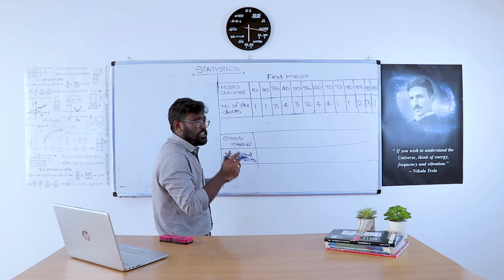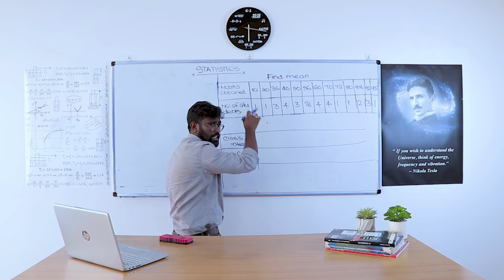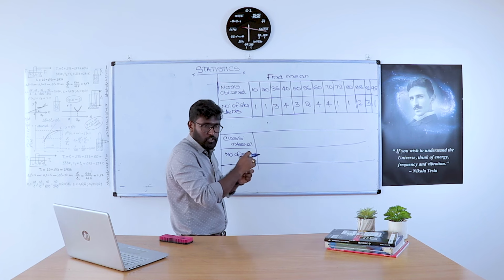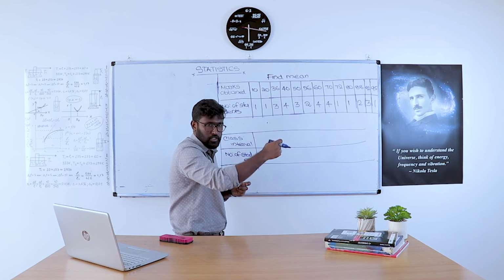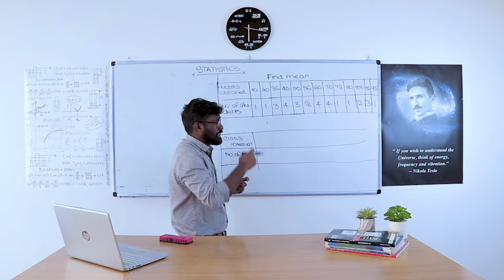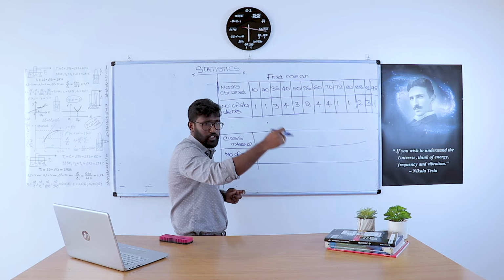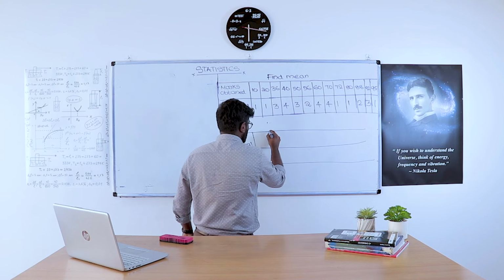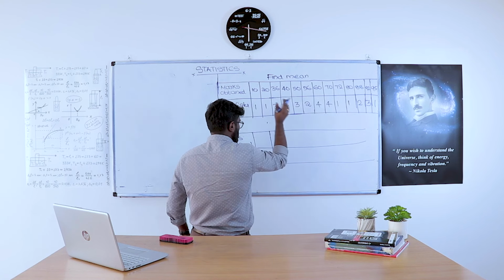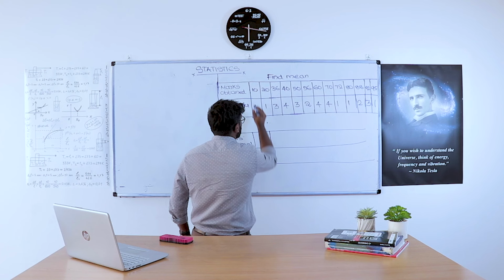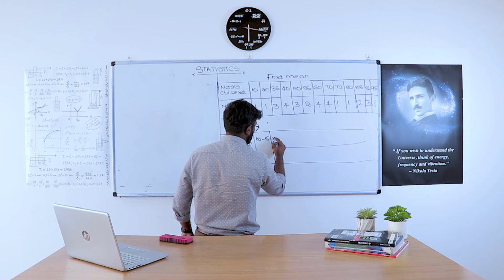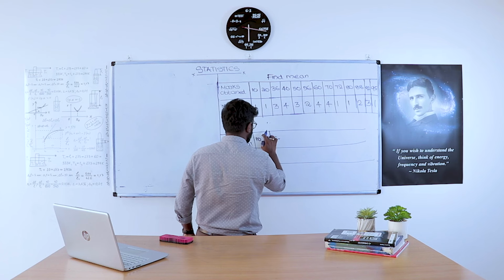You have to take any interval, like 10 to 20 or 10 to 30. If you take 10 to 20, the next interval is 20 to 30, 30 to 40, like that. If you take 10 to 30, then 30 to 50, 50 to 70, 70 to 90, like that. So I will take an interval with a length of 15. That is, the first one is 10 to 25.